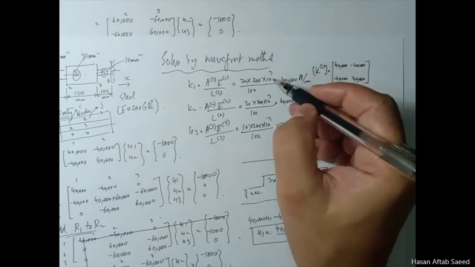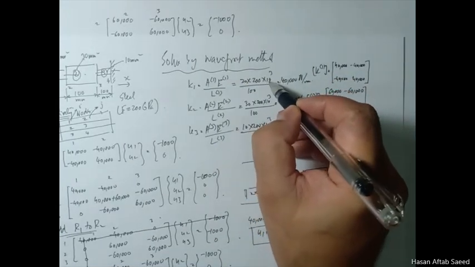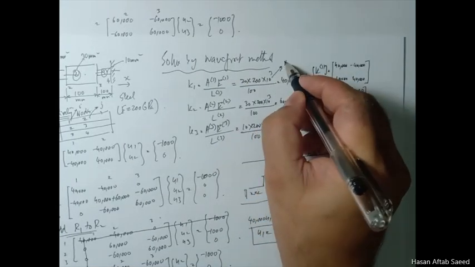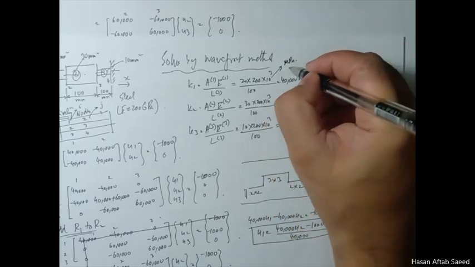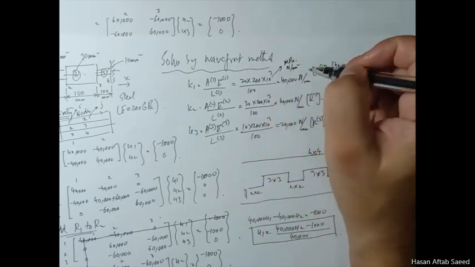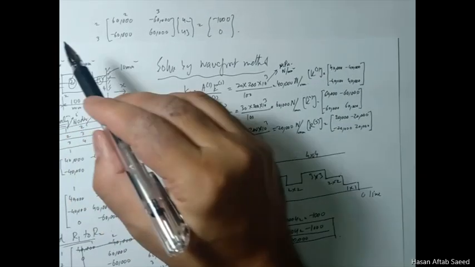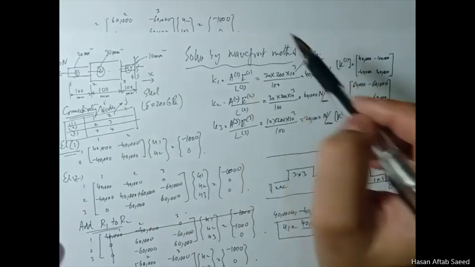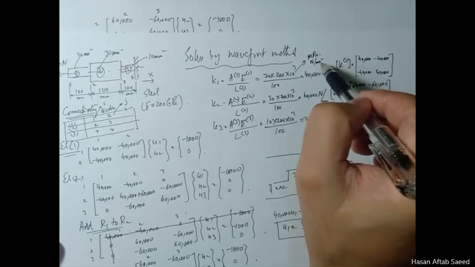When we write this E as 210 times 10 to the power 3, this is in MPa or Newton per square millimeter. So forces are in Newtons, distances in millimeters, areas in millimeter square.